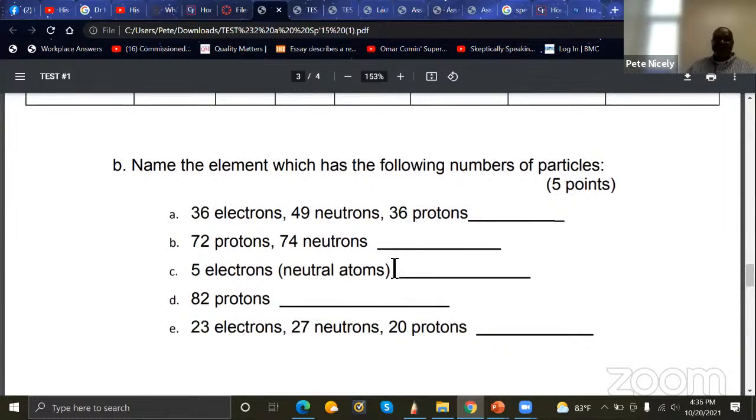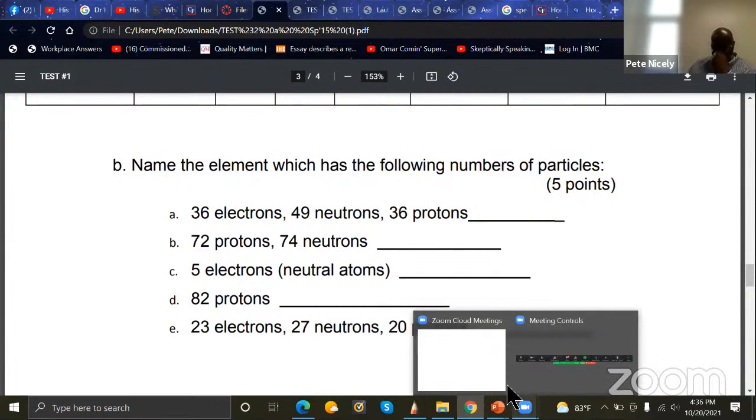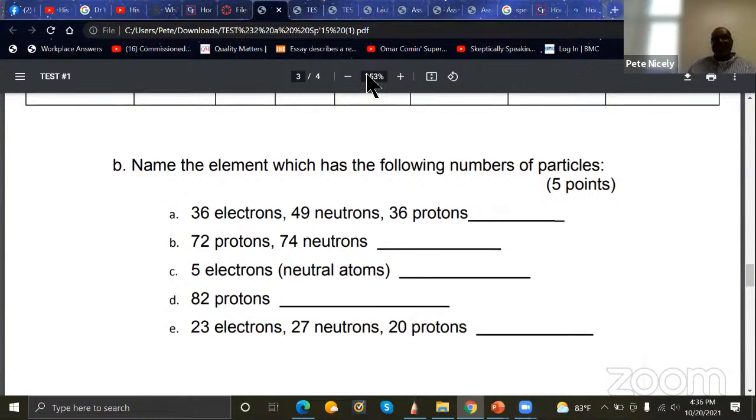The B part is basically a similar thing. It's actually easier than what we saw in the A part because it says name the element which has the following numbers of particles. So my question to you is this: what would you look for in order for you to identify the element? The atomic number.